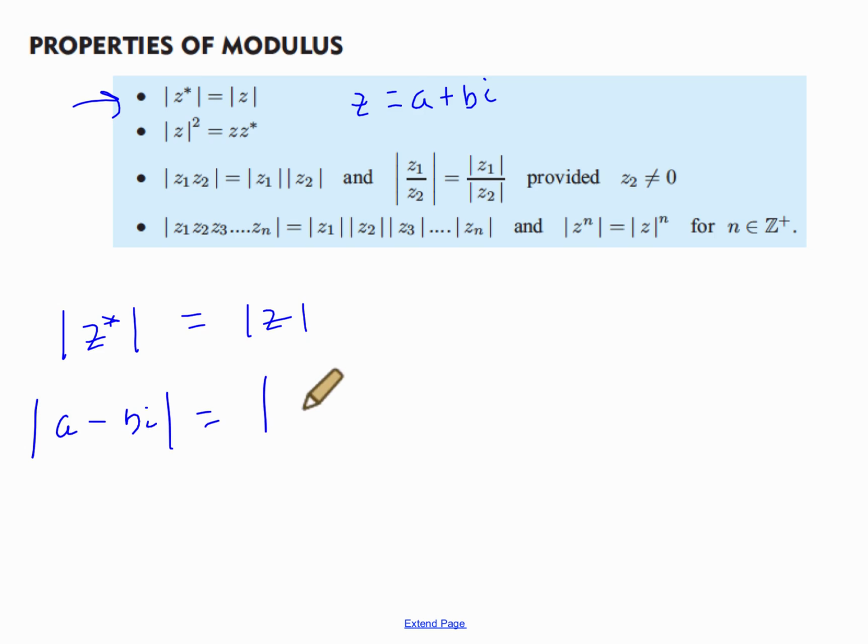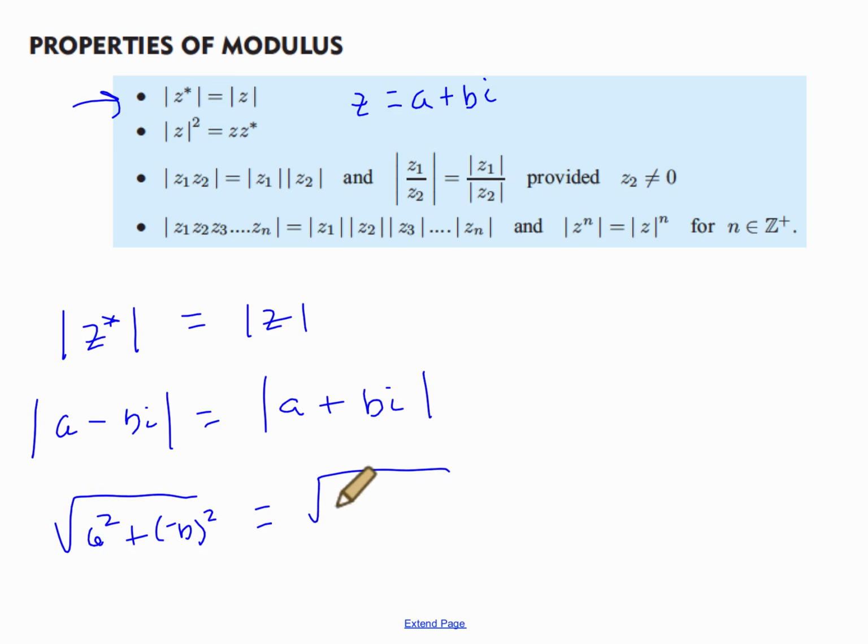And we need to show that's equal to the modulus of a plus bi, right? So this would be equal to the square root of a squared plus negative b squared, and this is equal to the square root of a squared plus b squared, and clearly this is equal to the modulus of z. So there we have a general proof.